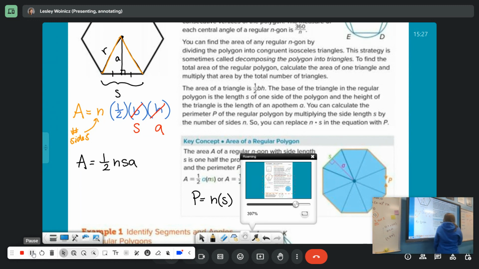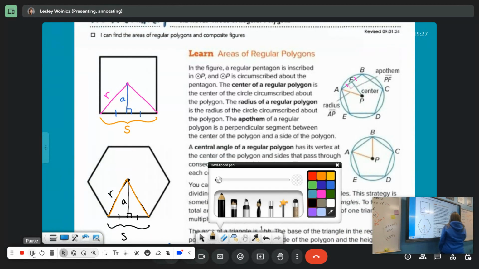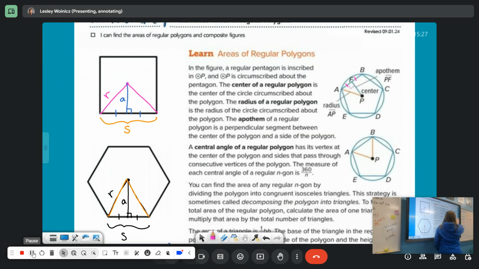Really quick before we move on, we are going to talk about central angles. Going back to these pictures where you can see my inscribed pentagon, the central angle for the pentagon corresponds to the central angle of the circle circumscribed around it. So if I want to know the measure of this angle, how many degrees is in a whole rotation?